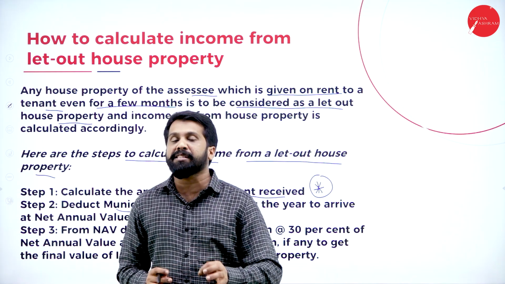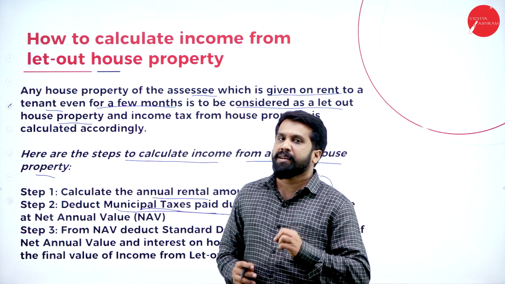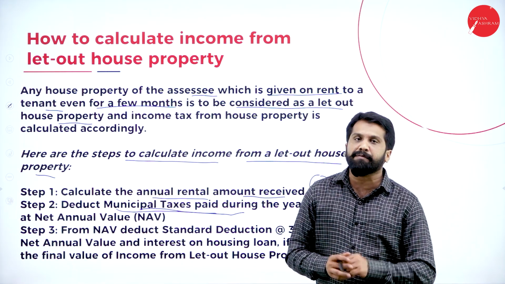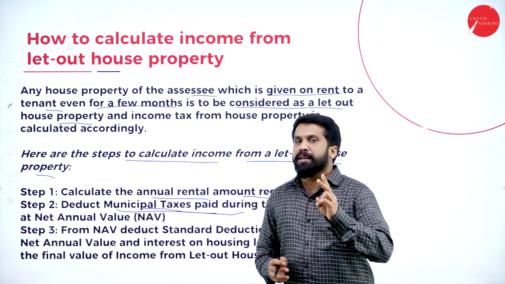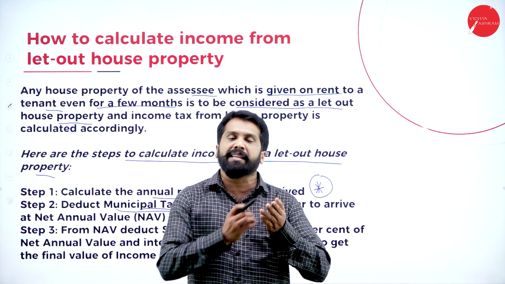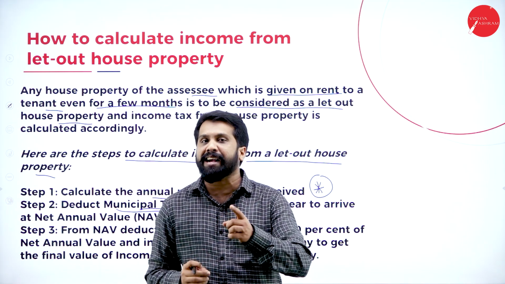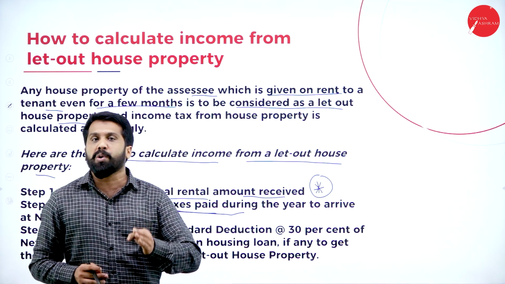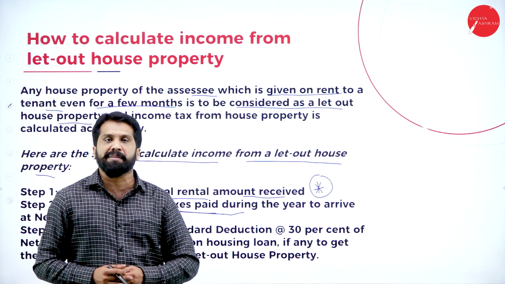What do you mean by municipal tax paid? Very simple. Municipal tax paid means whatever tax is paid for your property. There are two persons who can pay the municipal tax. Sometimes in the agreement they mention that the tenant has to pay. Sometimes in the agreement they mention that the owner himself will pay the municipal tax.